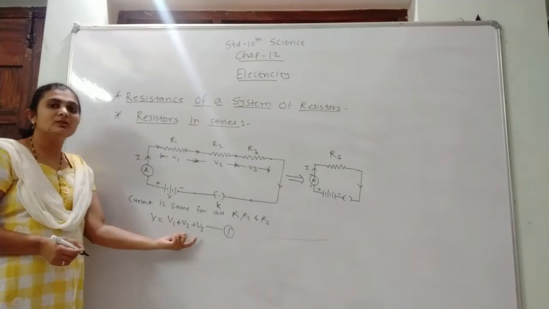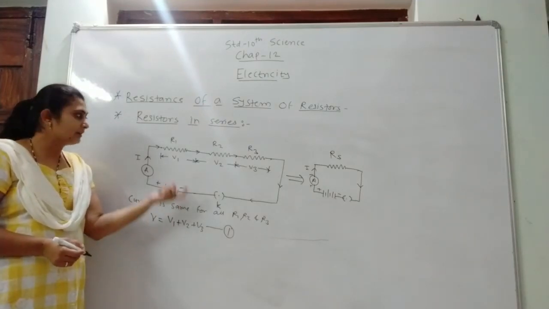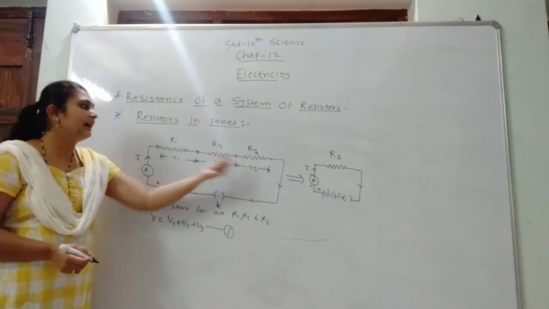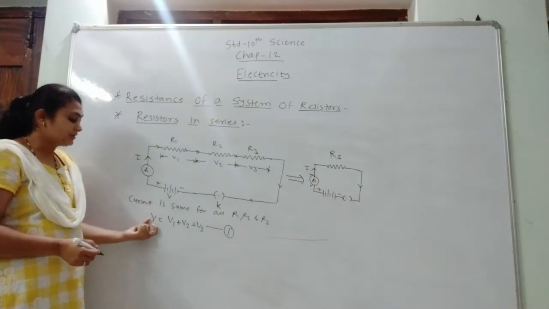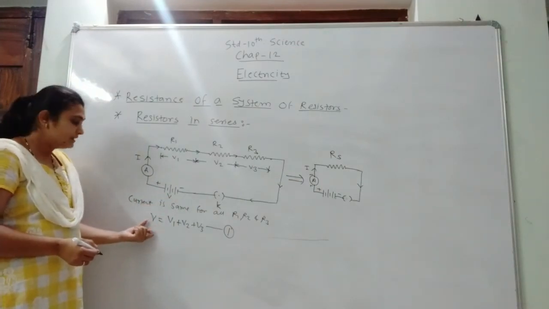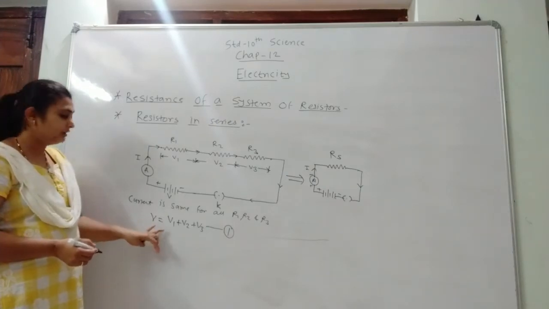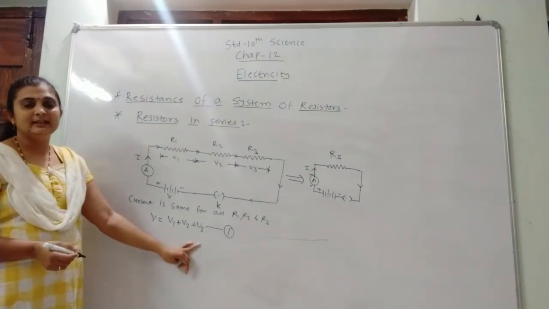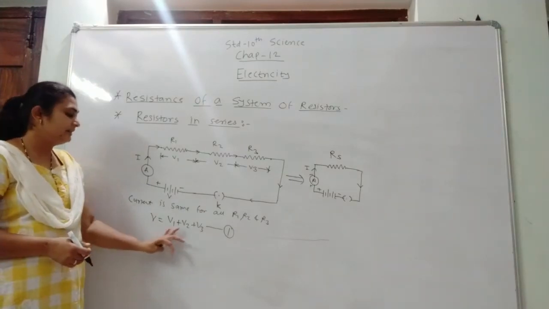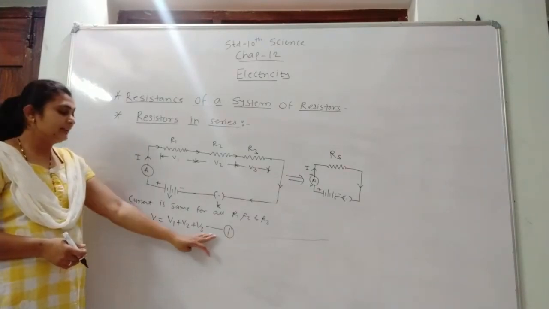Correct? The sum of all the potential differences across the resistors R1, R2, R3 is equal to the potential difference V. Using Ohm's law, we have to find the values of V, V1, V2 and V3. After finding the values of V1, V2, V3, put all the values in equation 1.